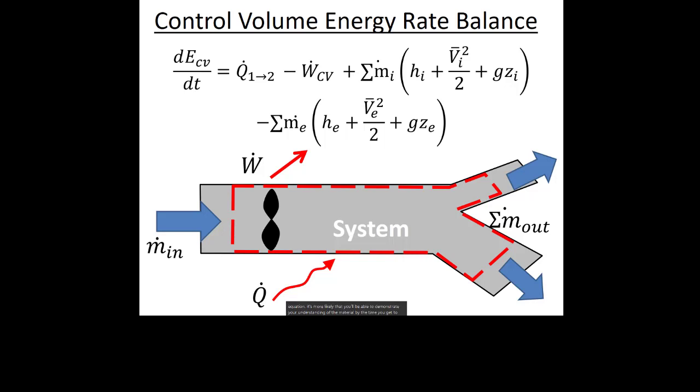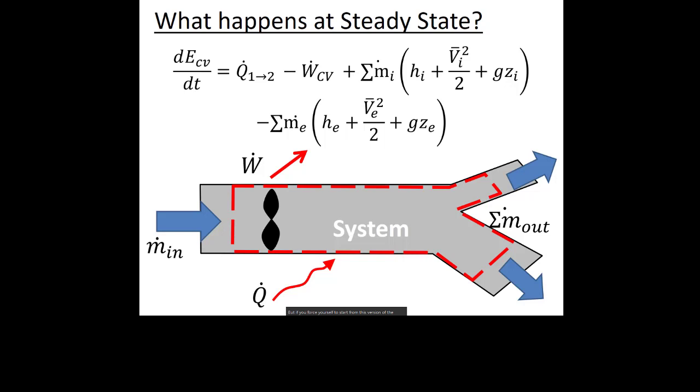It's definitely one of the things that people often miss points on in exams: they don't tell me the assumptions that they're making. But if you force yourself to start from this version of the equation, then it's a lot easier to write those things down. Now, when we talked about conservation of mass, we talked about steady state.